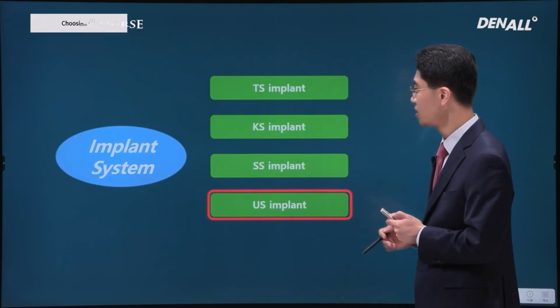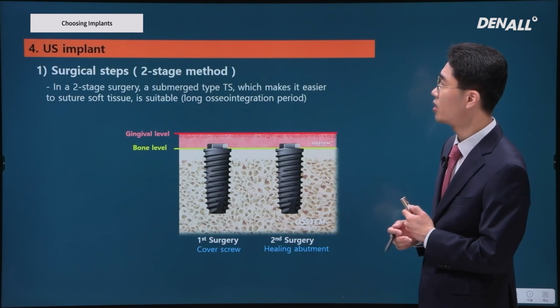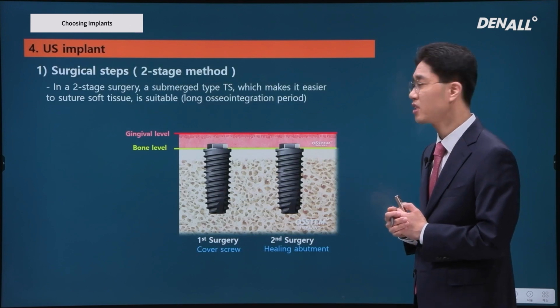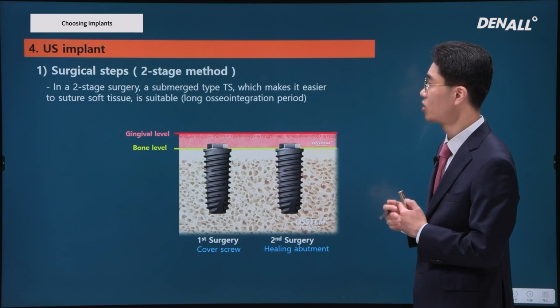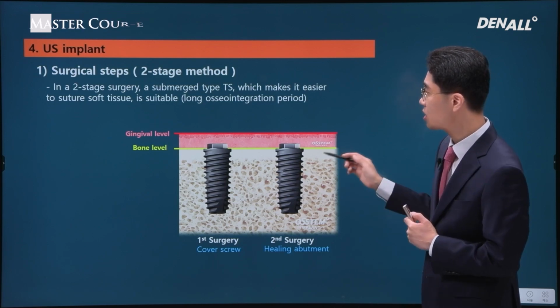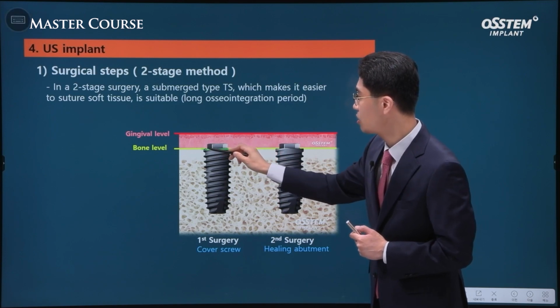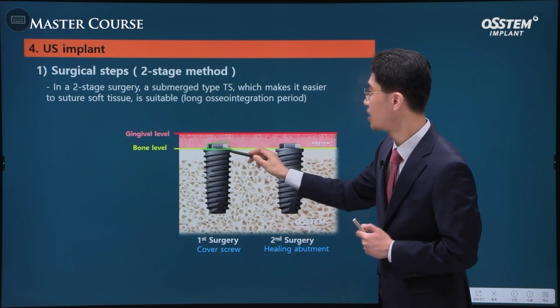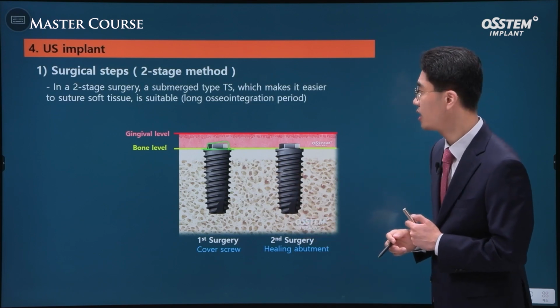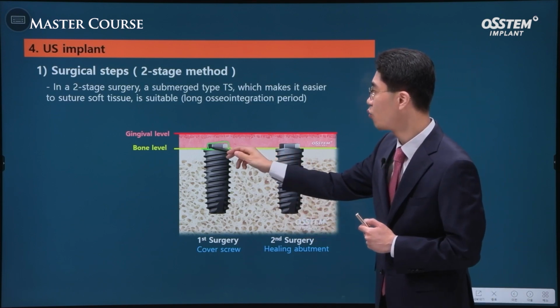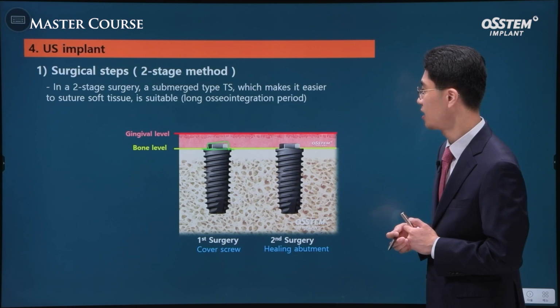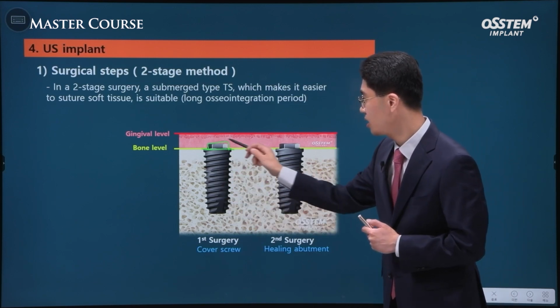Next, I'm going to talk about the US implant. This was used very frequently in the past. It is external type implant. As we all know, there's a hexagon on top of the implant platform. And this hexagon shape is formed above bone level.